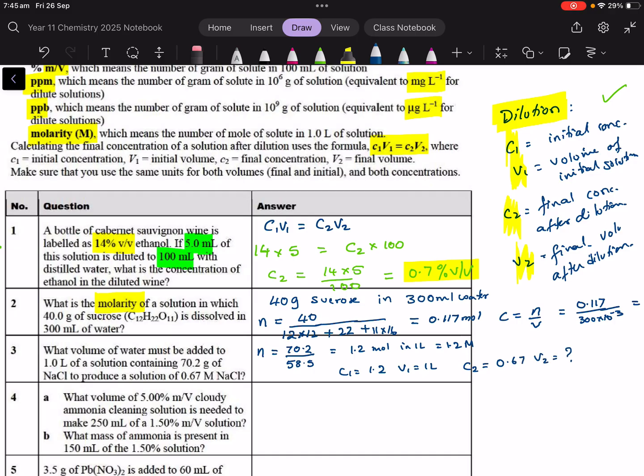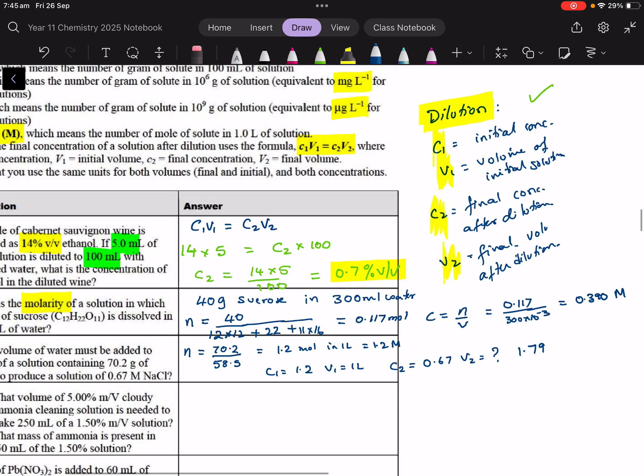So we just need to substitute in here and find the value of V2, which I think you should get to. Let me just calculate this. So your answer should be, the final volume would be 1.79.